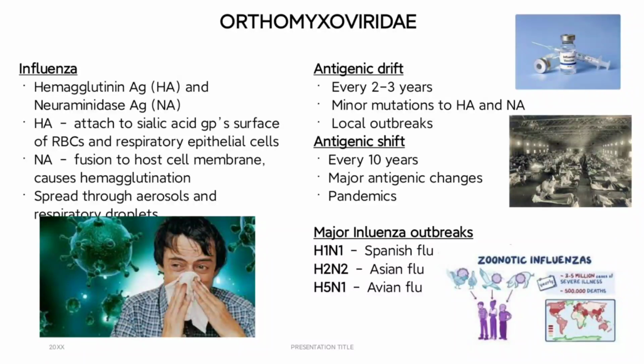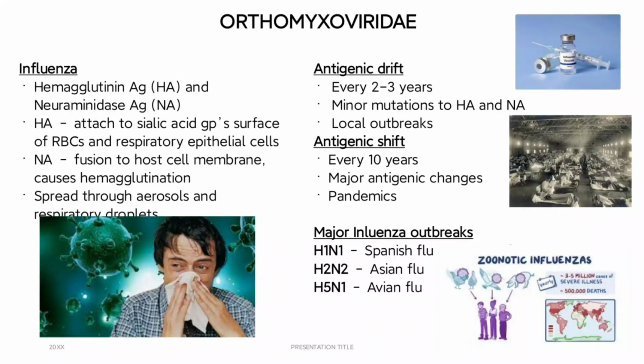So, Orthomyxoviridae, okay, so influenza, meron yang hemagglutinin antigen or the HA, and neuraminidase, the NA. Again, influenza, meron siyang hemagglutinin antigen and neuraminidase. HA and NA.